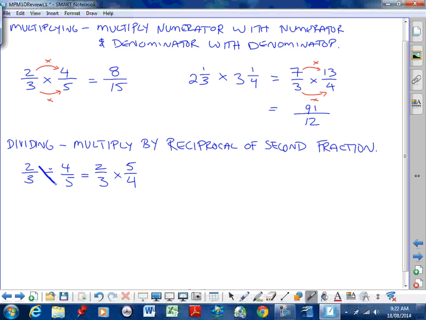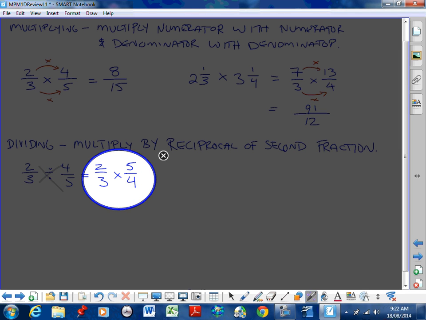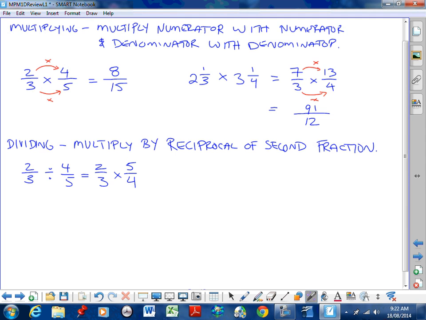I don't want to see any of this arrow crap of cross multiplying because that's garbage and it's not correct. This is what I want to see. So if you do not do this currently, this is the new process you must use if you are looking for full marks. Now we just use our multiplication rule from above. We end up with 10/12, which will reduce down to 5/6.